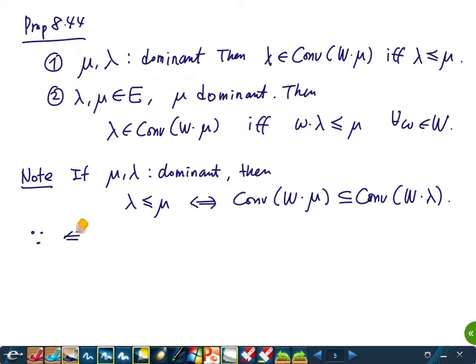Lambda is in the convex hull of V lambda, for sure, right? Because lambda is one of the elements here. Sorry about that.